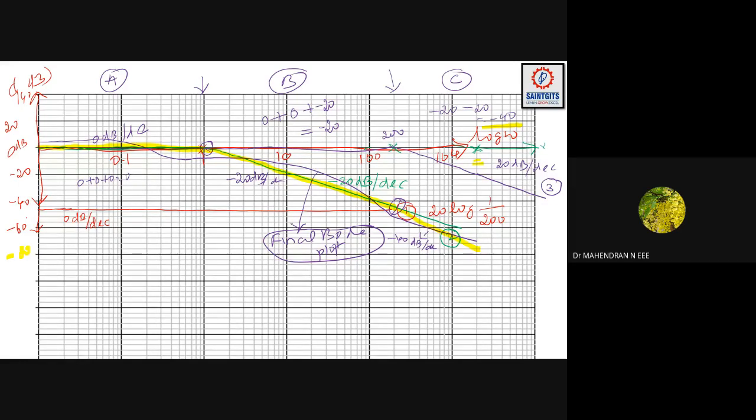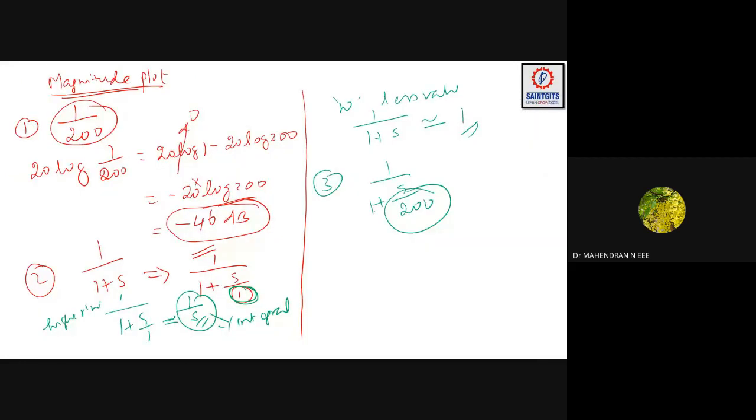Now we are going towards the phase plot. So what is your phase plot here? For that we have to do a calculation. So for the three terms, the first term is 1 by 200, the second term is 1 divided by 1 plus s, and the third term is 1 divided by 1 plus s divided by 200.